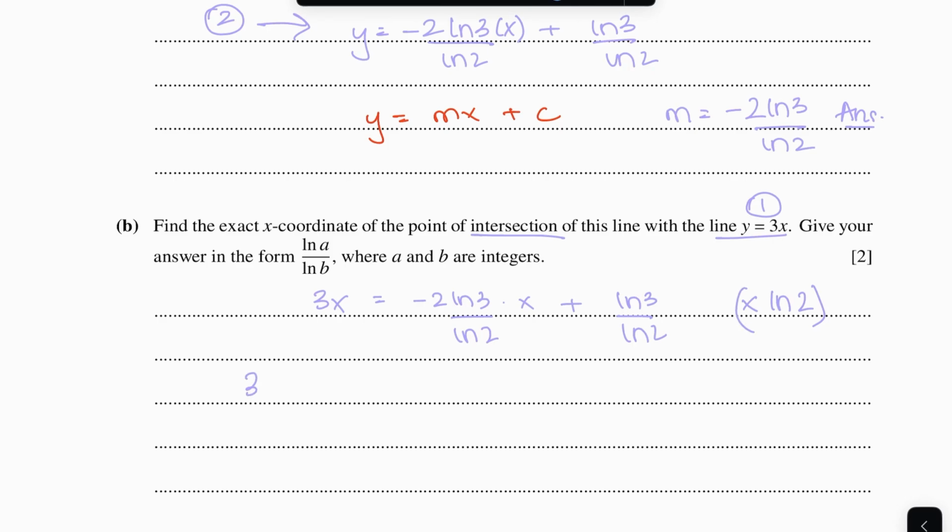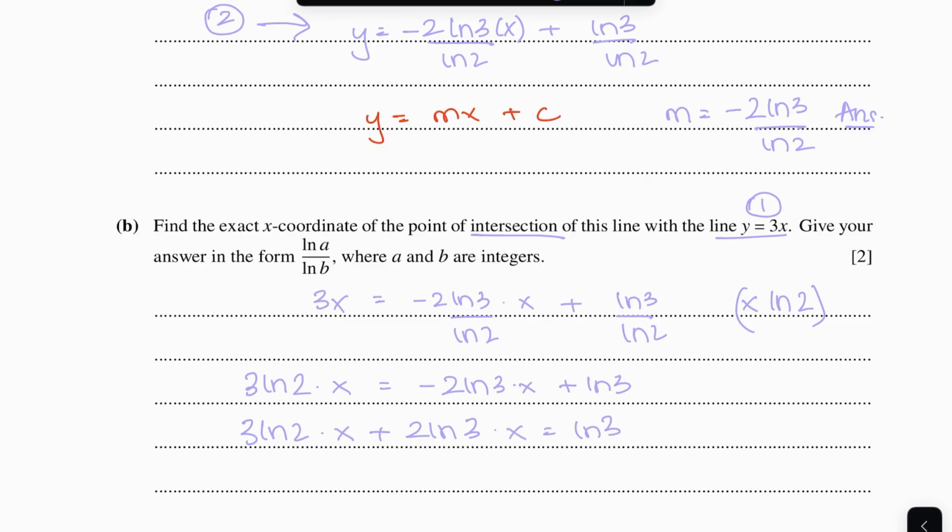And so I will end up with 3 ln 2 times x, and from the right hand side of the equation, the denominator will get cancelled, so I will have minus 2 ln 3 times x plus ln 3. I will just send this to the other side, so I will have 3 ln 2 times x plus 2 ln 3 times x equals ln 3.